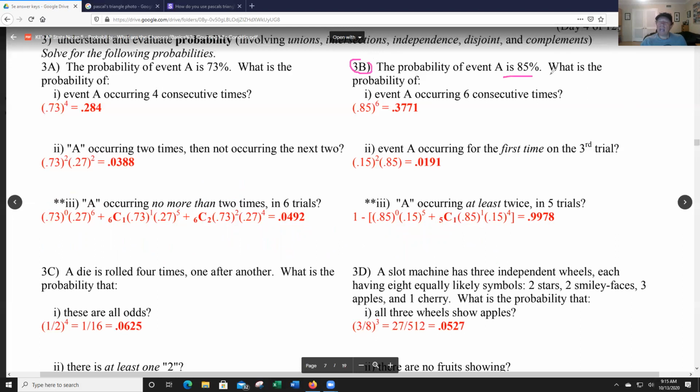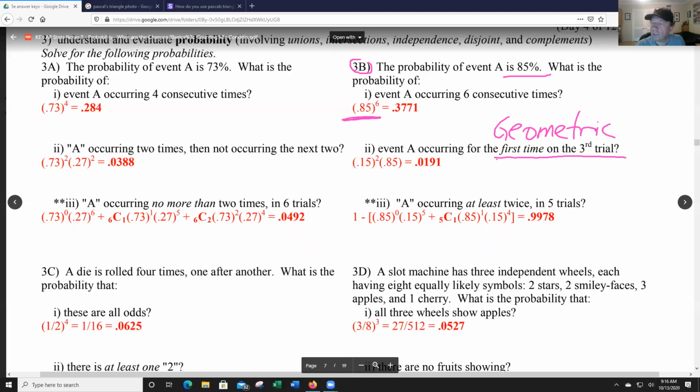Probability of an event is 85%. What is the chance of A occurring 6 consecutive times? No problem. If they're independent, which I'm assuming they are here, 0.85 to the 6th. All right, event A occurring for the first time on the 3rd trial. When an event occurs for the first time, that is called the geometric distribution.